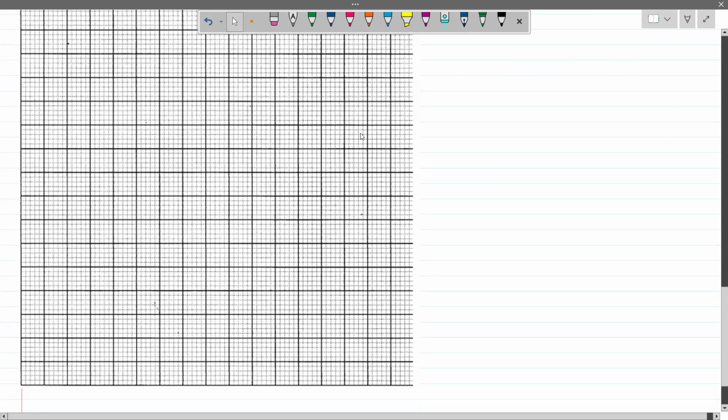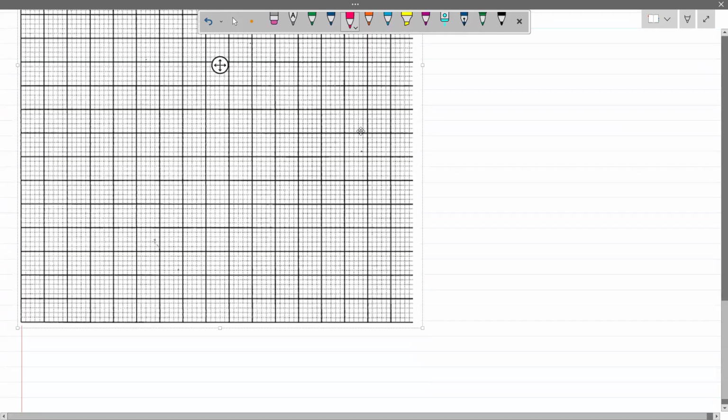Every 2 centimeters, so from here to here is going to be 10. Here to here is going to be 20. Here to here is going to be 30, 40, 50, 60, 70, 80. Now, the thing about histograms is that the width of each column needs to be uniform.